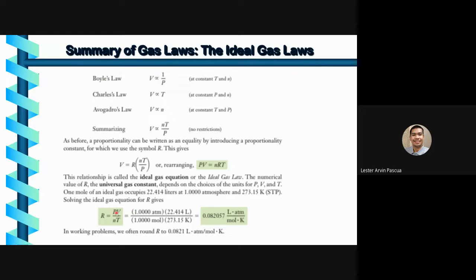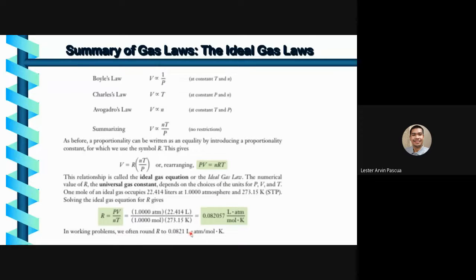So your R, which is equal to PV over nT, pag in-input mo dyan yung values for your STP conditions, makukuha mo yung value ng R mo, which is equal to 0.082057 liter atmosphere per mole Kelvin. Okay. So oftentimes it is rounded off to 0.0821.